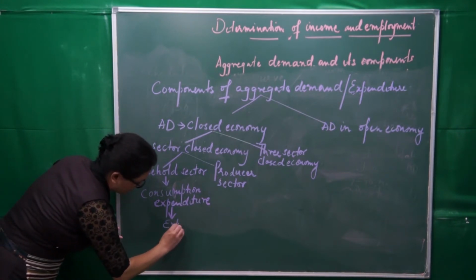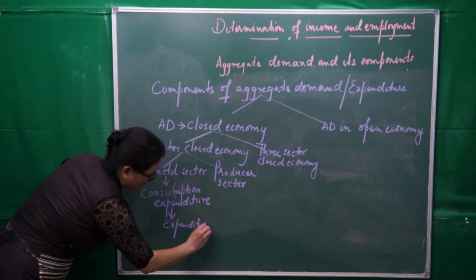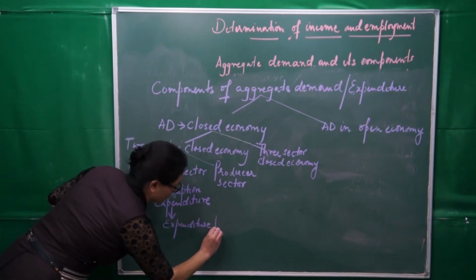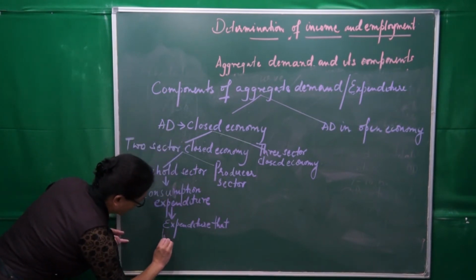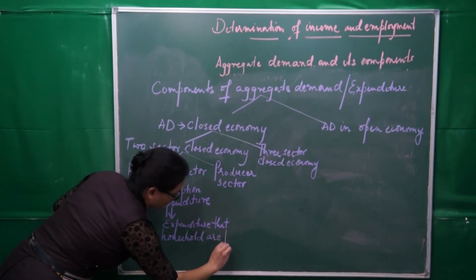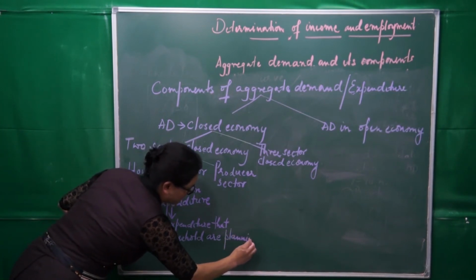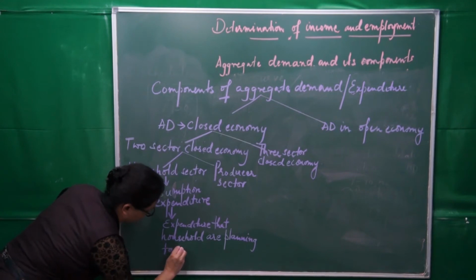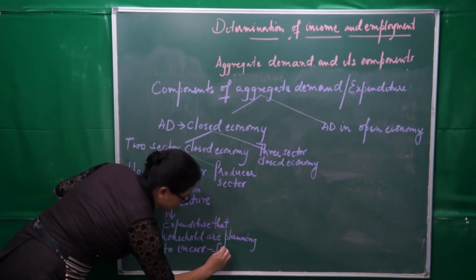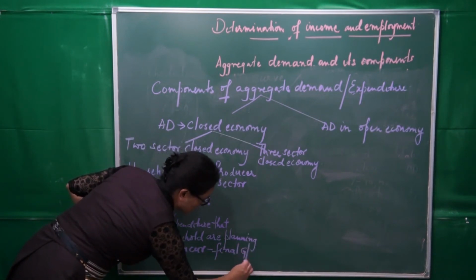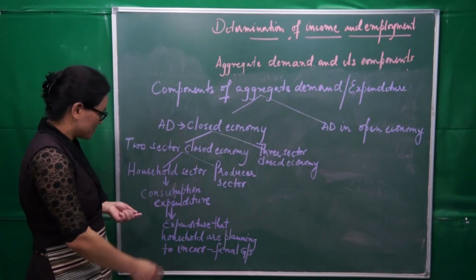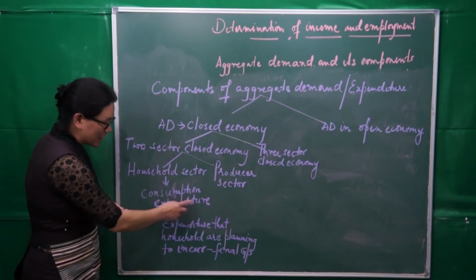Expenditure that households are planning to incur on the purchase of final goods and services in an economy during 1 year is called as household consumption expenditure.